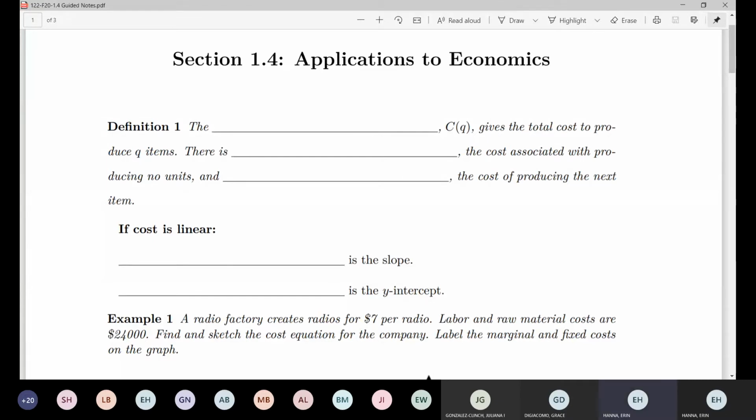So we have that the cost function, which we use C of Q for, is going to give the total cost to produce Q items. And we are almost always going to use Q for quantity.